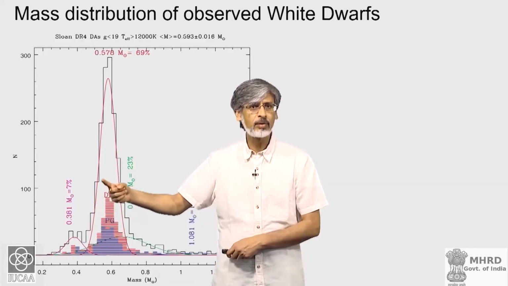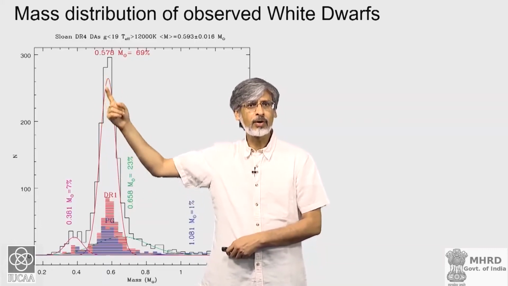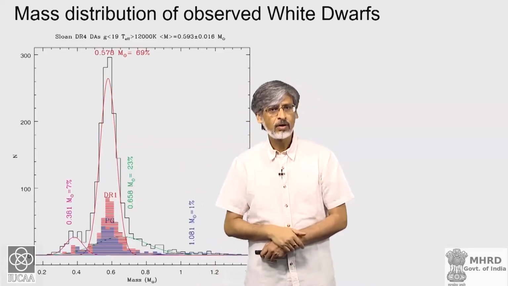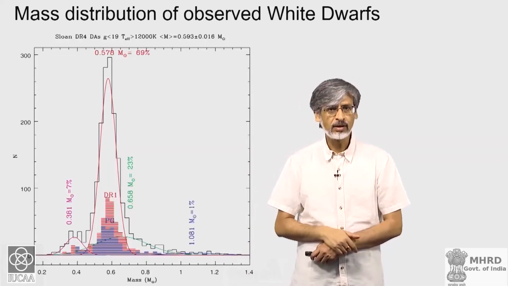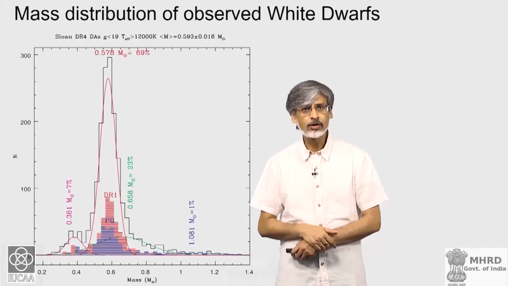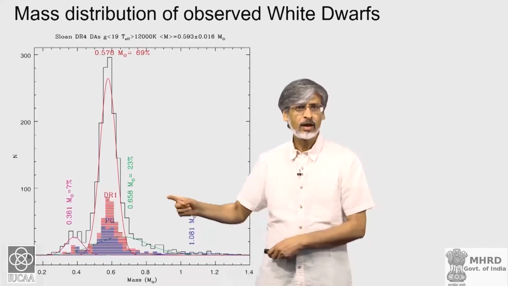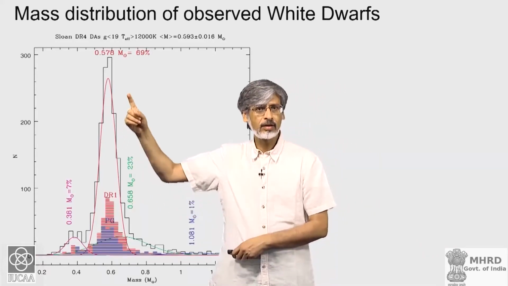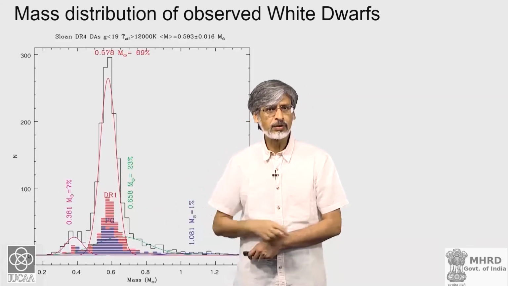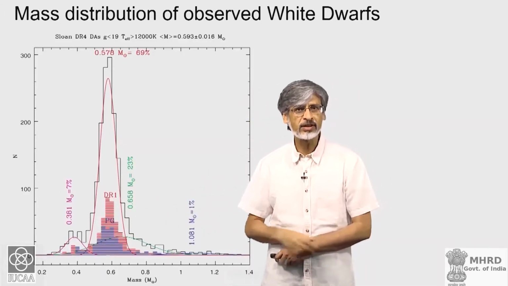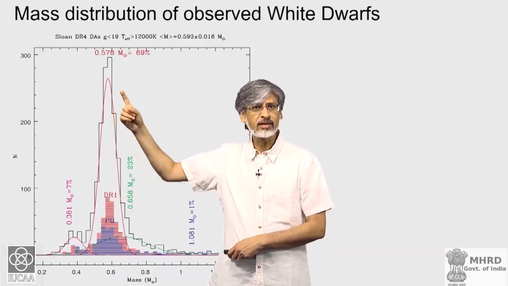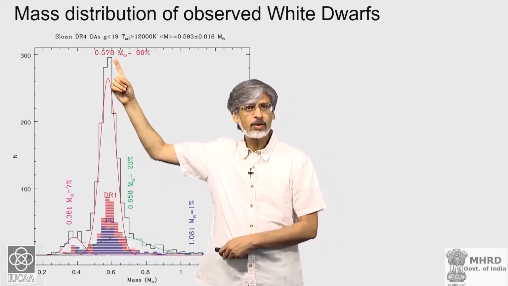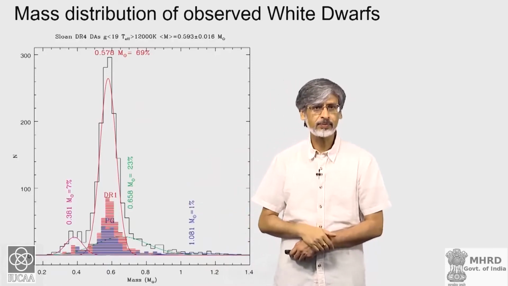This histogram, the upper histogram, comes from all the white dwarfs detected in the Sloan Digital Sky Survey, and this curve shows you that in the observed population, the maximum number of white dwarfs we can detect have a mass close to about 0.6 solar mass.